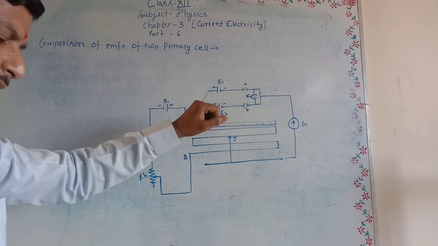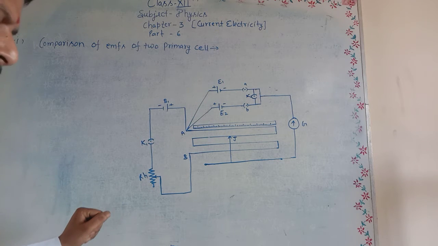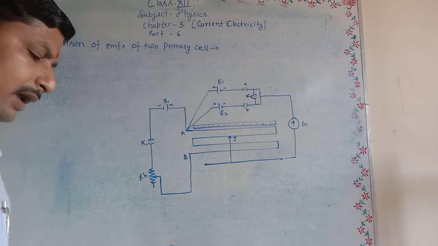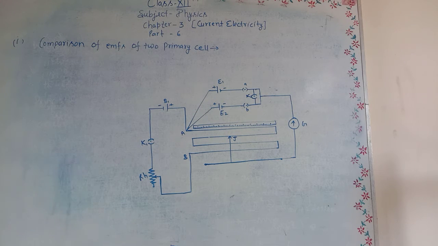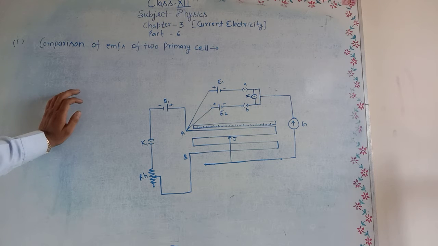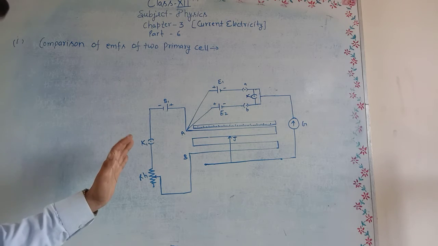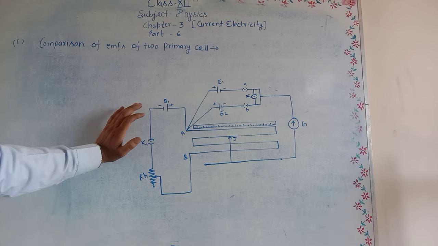A galvanometer and a jockey J are connected through the two-way key. A high resistance R from the resistance box is included in the circuit to prevent excess current flowing through the galvanometer.